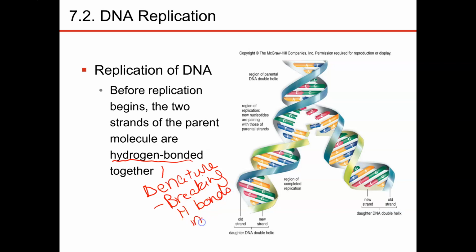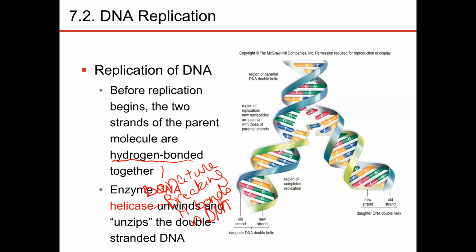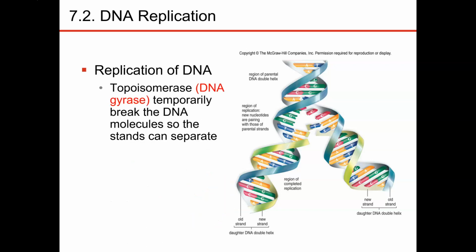And so the enzyme helicase is the one that unwinds and helps with the unzipping of the hydrogen bonds. So it opens up the DNA so that we can then copy it.